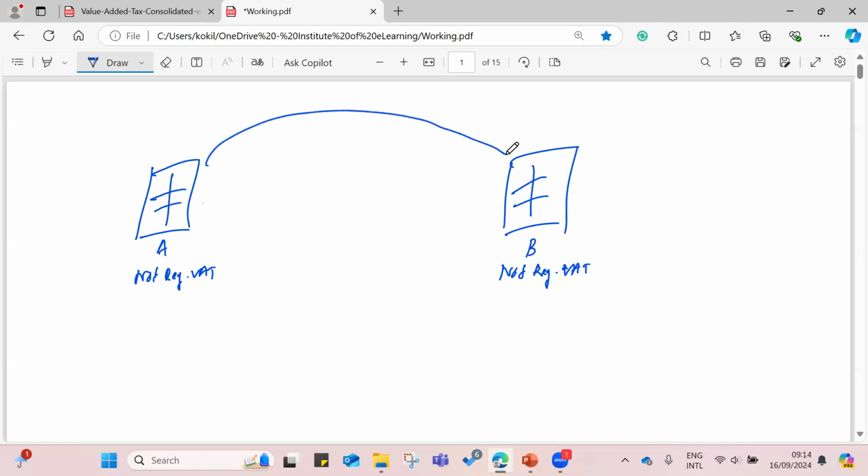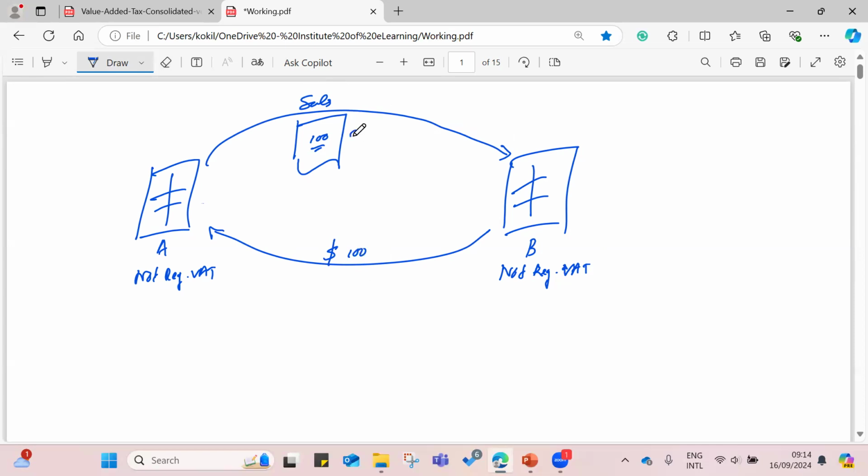Then what will happen? A will issue an invoice to B based on their sales, let's say 100 worth of sale. They will just issue an invoice for 100. Then B will make the payment for this 100, right? That's it.